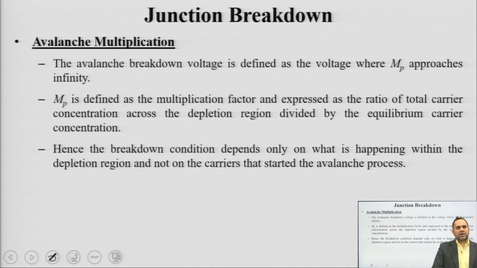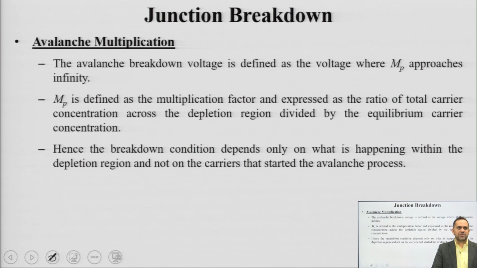The avalanche breakdown voltage is defined as the voltage where your MP approaches infinity. What is MP? It is defined as the multiplication factor and expressed as the ratio of total carrier concentration across the depletion region divided by the equilibrium concentration. Now, there is generation taking place.